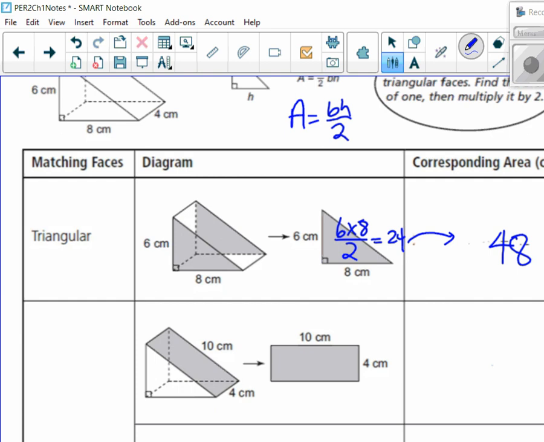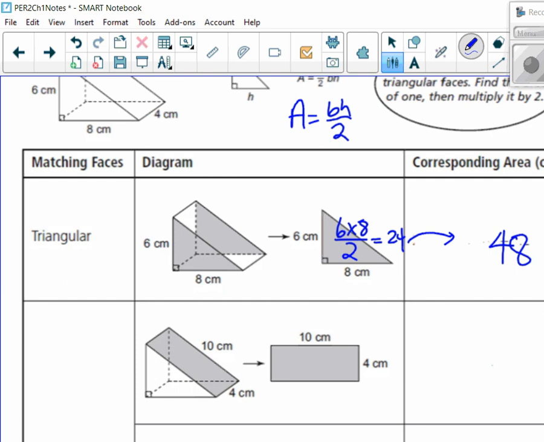Now here's where it differs from rectangular prisms. There's usually 3 different rectangles because the triangle is not an equilateral triangle. Sometimes if the triangle is an isosceles triangle, you can have 2 rectangles that are the same.